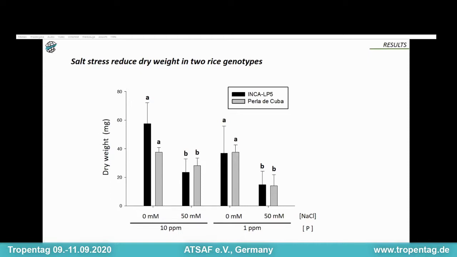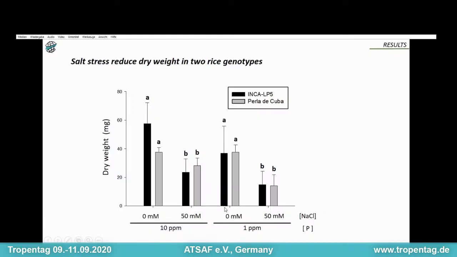The same occurred with the Perla de Cuba genotype. There was a reduction of dry weight in the presence of high concentration of salt, but not in low concentration of phosphorus. The biggest decrease in dry weight occurred with saline stress and low P concentration.